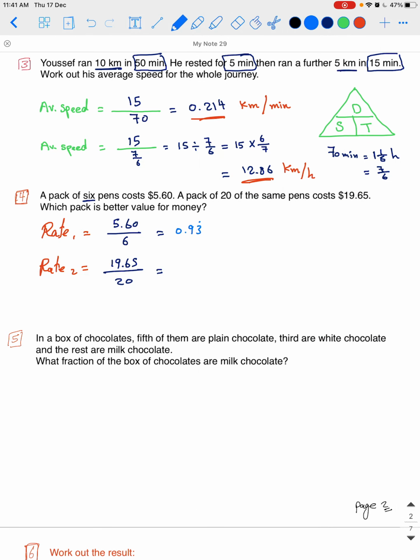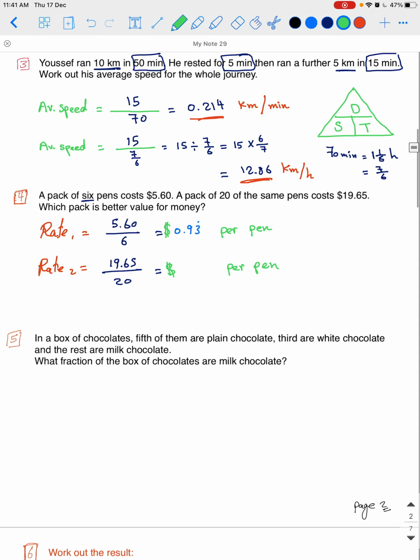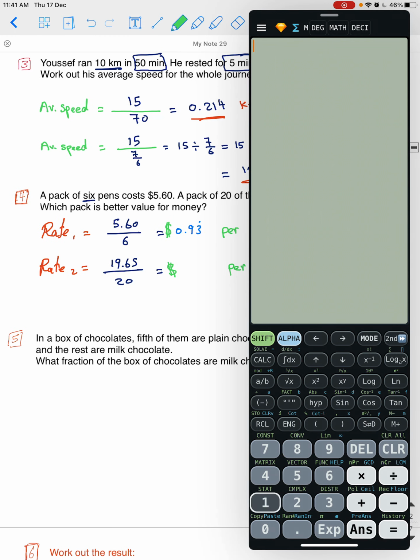What is the unit here? The unit is dollar per pen, because the numerator is dollars and the denominator is pens. Next one, it will also be dollar per pen. But what is the result? Let's see. 19.65 divided by 20 is 0.98.